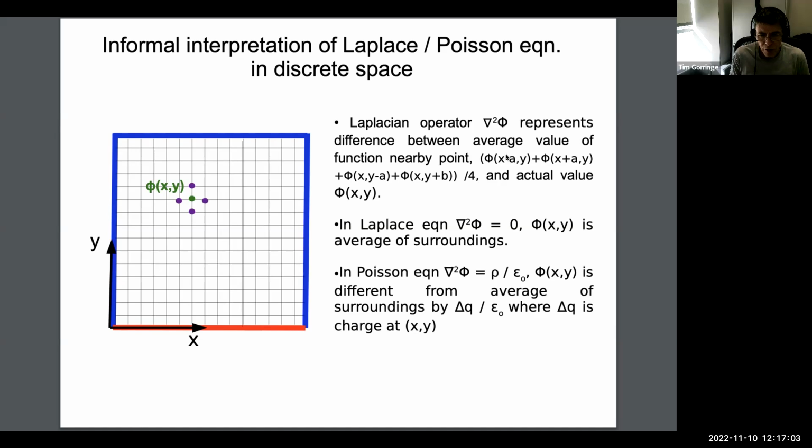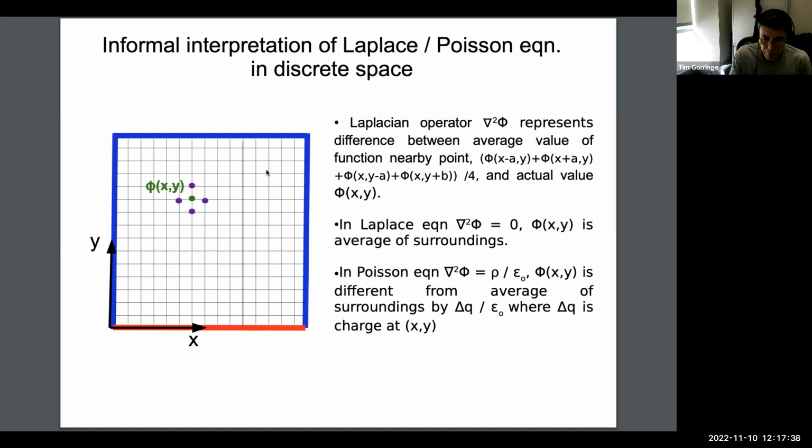And I also wanted to begin by giving you what I called an informal interpretation of what we mean by Laplace's equation, Poisson's equation, what we mean by the heat equation, diffusion equation, and what we mean by the Laplacian operator in space or space-time, what that operator does in space or space-time.